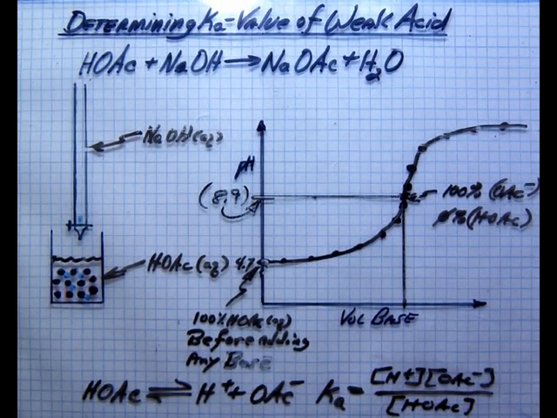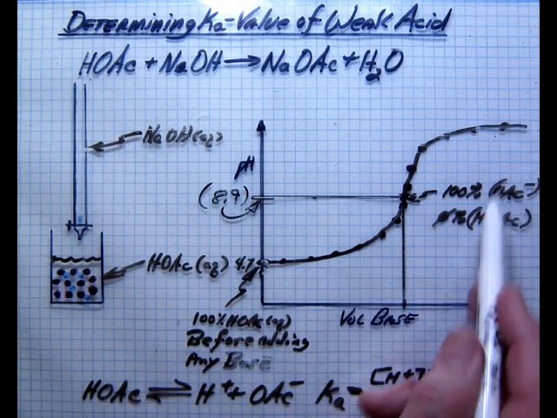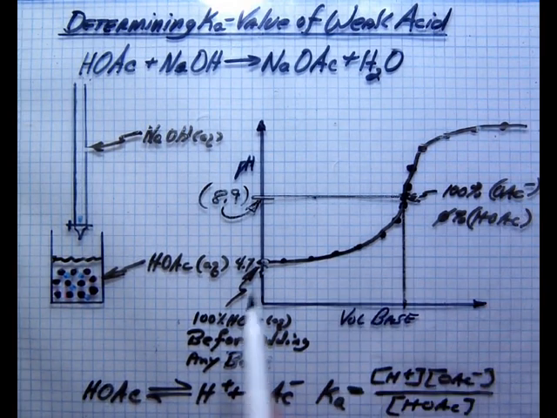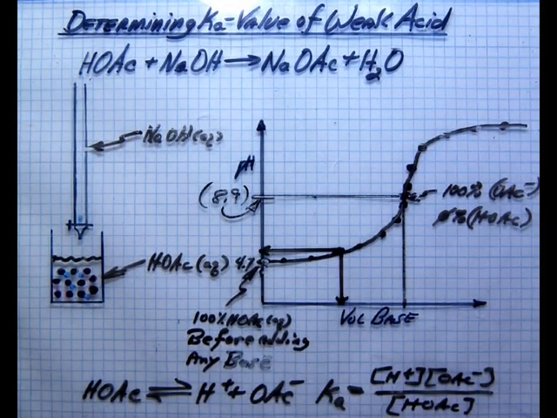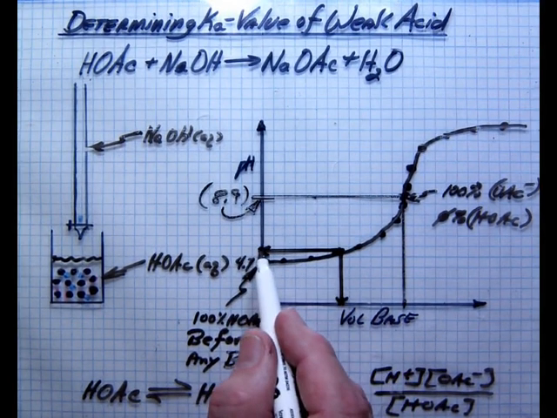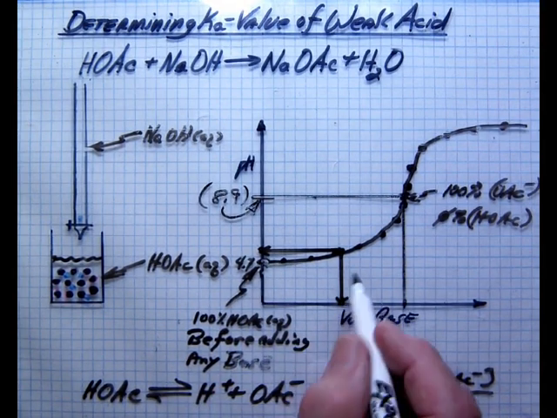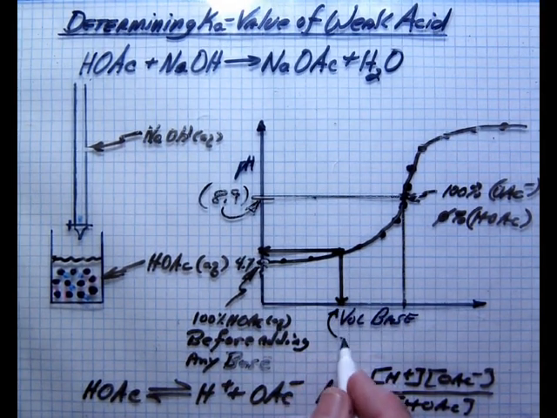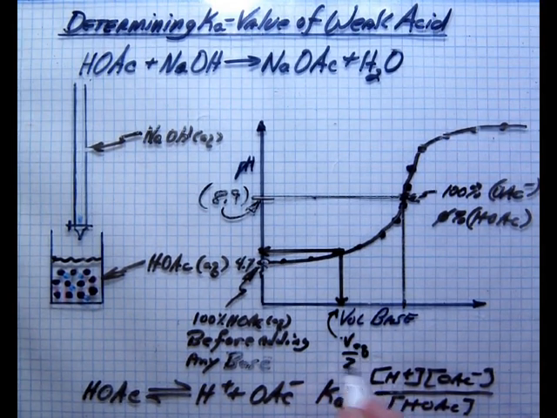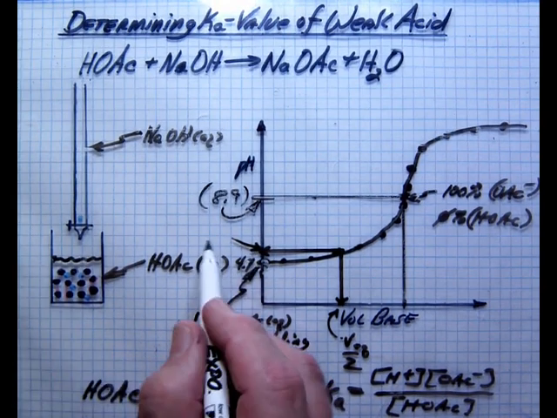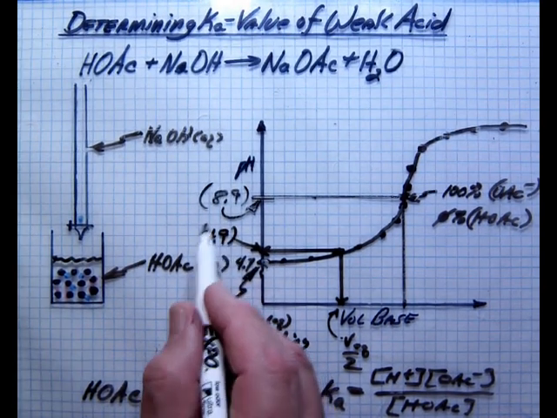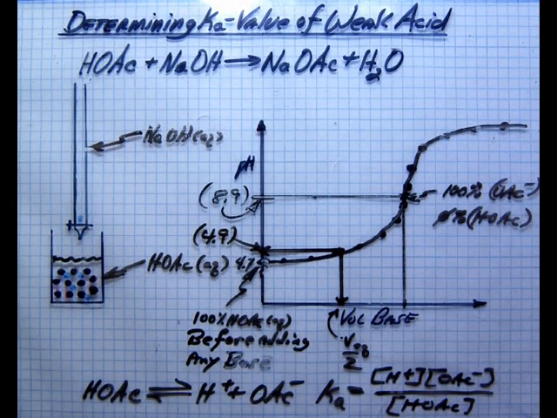Right here. Now, if it's 100% acetate here and 100% acid there, what is it halfway? Now, if we calculate or determine the pH at the VEQ over 2 right here, say we get a 4.9 hypothetically. We'll just say that's the pH at the VEQ over 2.